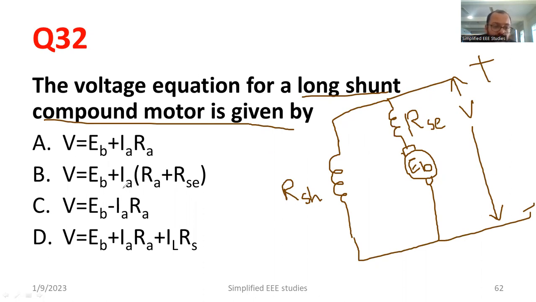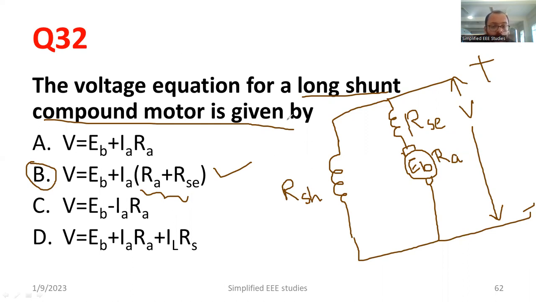Whenever you talk about the resistance, it is a combination of RA plus RSC, the armature resistance and the series field resistance. So for a long shunt compound wound motor, V is equal to EB plus IA into (RA plus RSC). So option B is the correct answer.